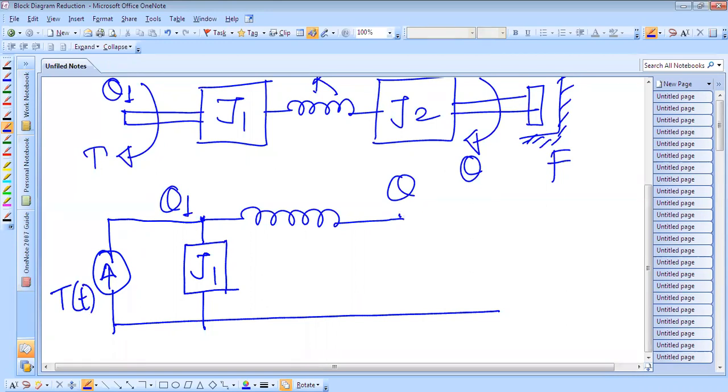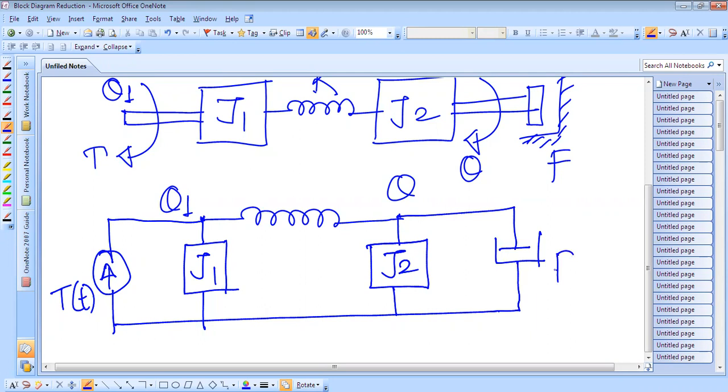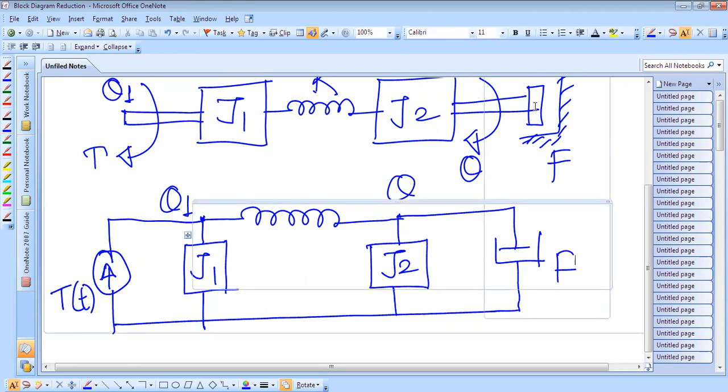Between theta and the reference, there is again a J2 element, and again there is a coefficient of friction F. Okay, so this is the equivalent mechanical network.